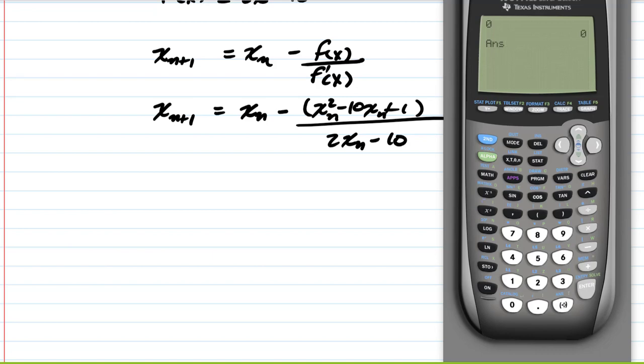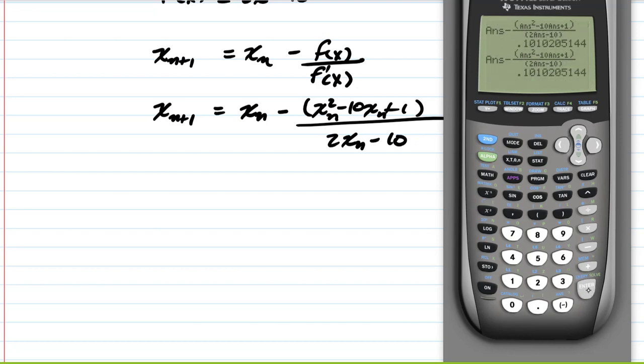So we go second, get our answer, minus, grab our fraction, and we have answer squared minus 10 times our answer plus 1 all over 2 times our answer, take away 10. When we press enter, we get 1/10. Press enter again.